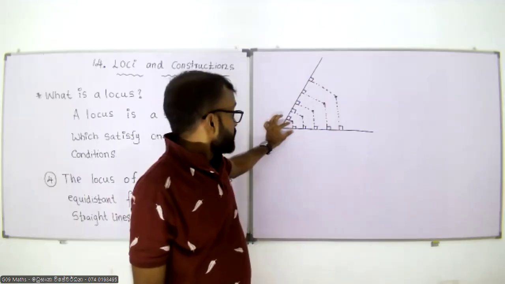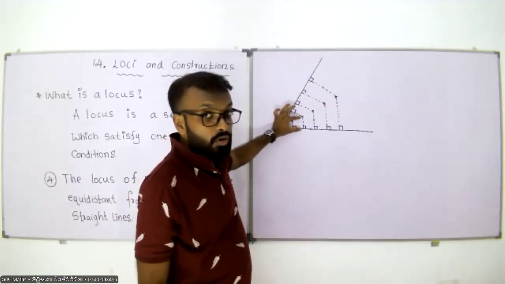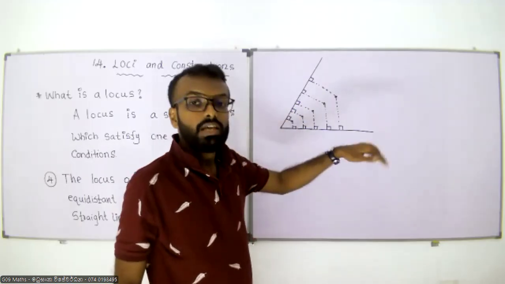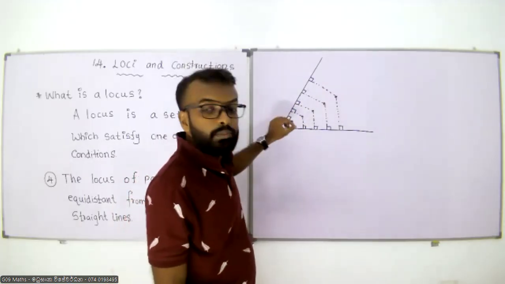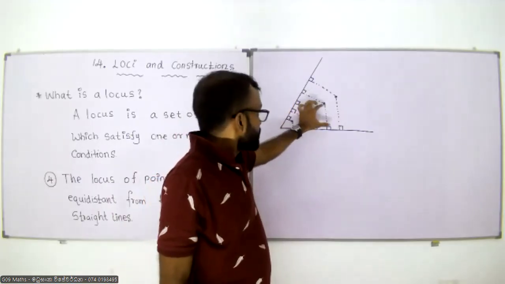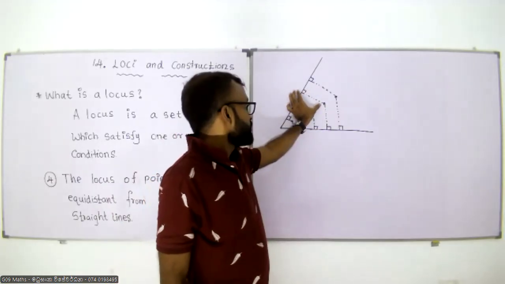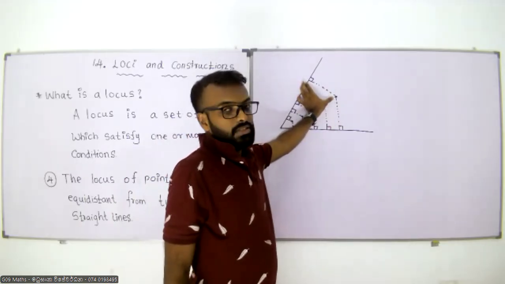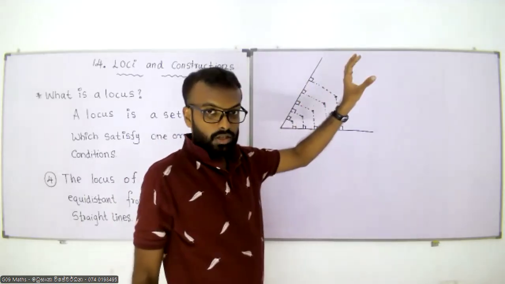If this is 5, the other is 5, not something different from 5. These two distances should be equal. That is the meaning of it. This distance should be equal to this distance, and this one to this one. That is the story.